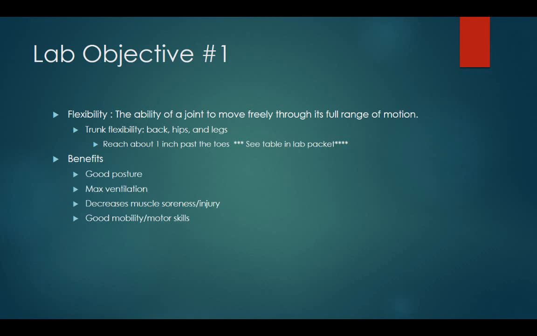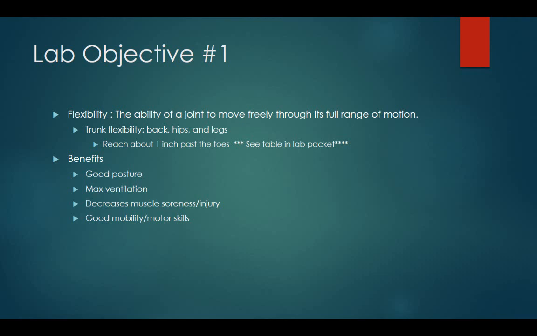you should be able to define what flexibility is and also what the benefits of flexibility are, which one is good posture. You tend to be more flexible with your soft tissue and be able to create better posture. Flexibility also increases max ventilation because now your muscles are more flexible around your rib cage and your diaphragm area, which helps increase your breathing and hence max ventilation.